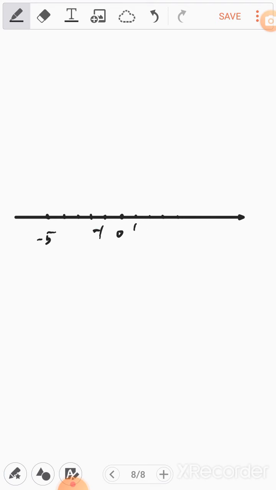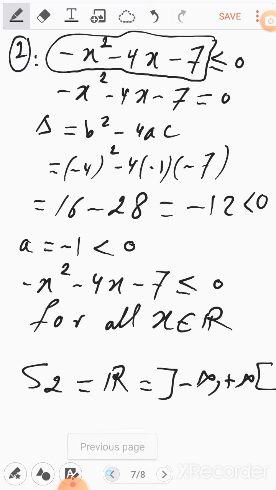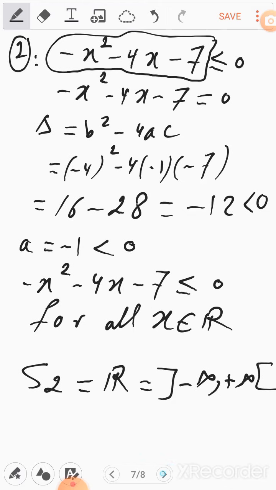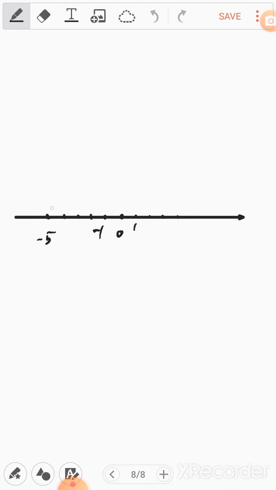Now let us represent the first solution. The first solution is x between minus 5 and minus 1, from minus 5 to minus 1 closed. This line is not dotted, it's a complete line, because it is closed.